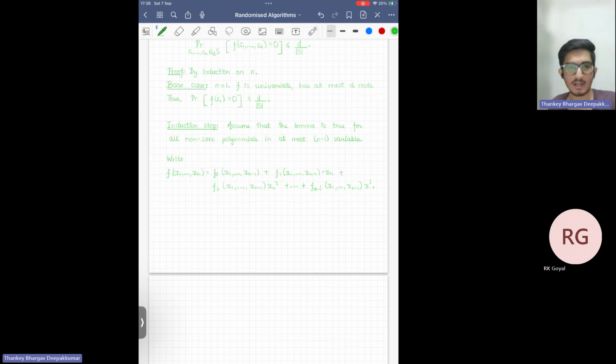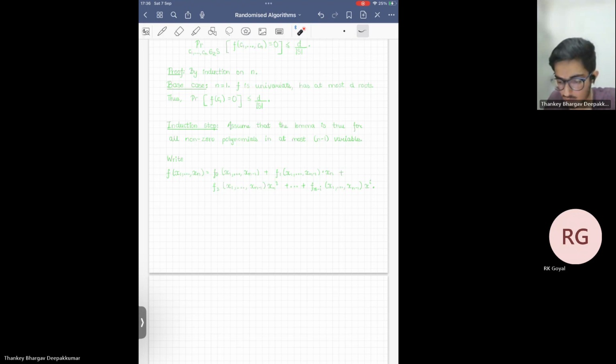So now what am I doing? I am writing f of x1 to xn as a polynomial in just xn, but now the coefficients are themselves polynomials in x1 to xn minus 1. This I can do. So what is this f naught here?